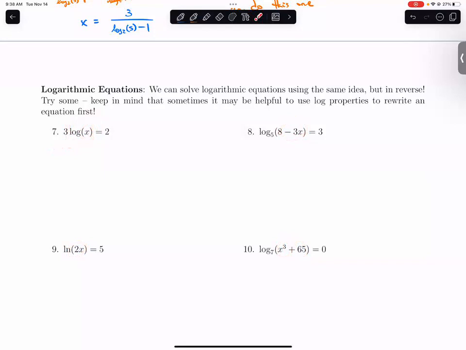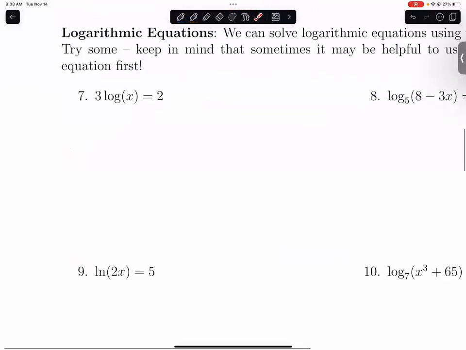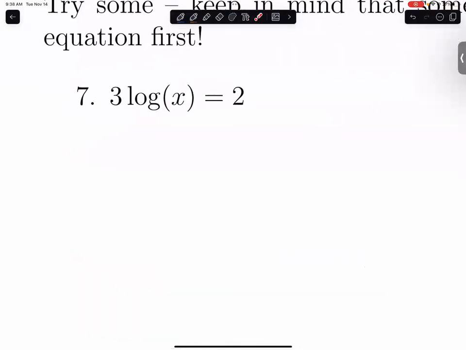But once I've got a log term all by itself, if I rewrite it as an exponential, then things clear up a little. So what could I do on something like 7 to get started? Isolate that first. So I need to move the 3 somehow. How can we move the 3?